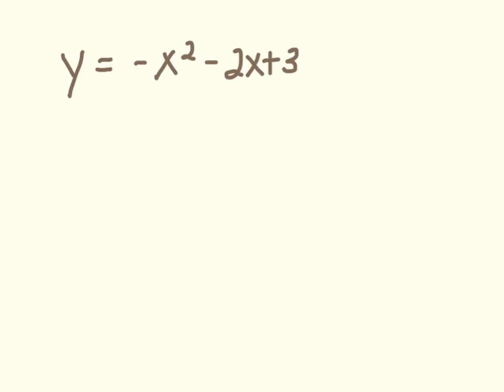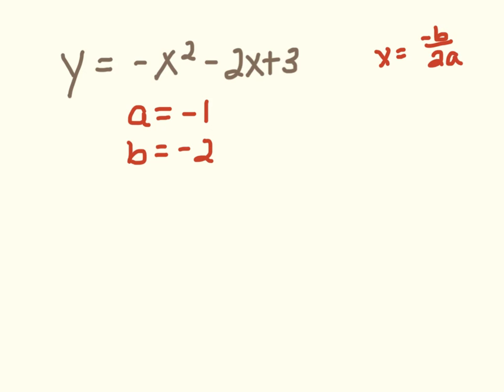Let's use the formula x is equal to the opposite of b over 2a to find the axis of symmetry for this particular quadratic function. It's in standard form, ax squared plus bx plus c. So a is negative 1, b is negative 2.